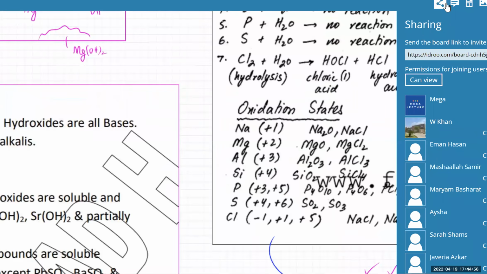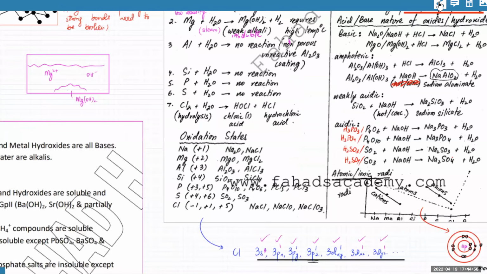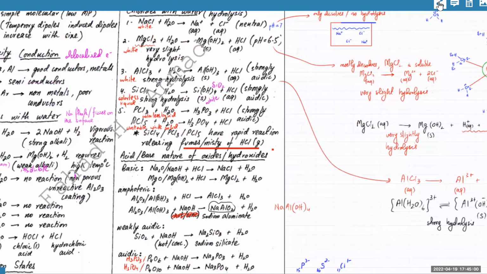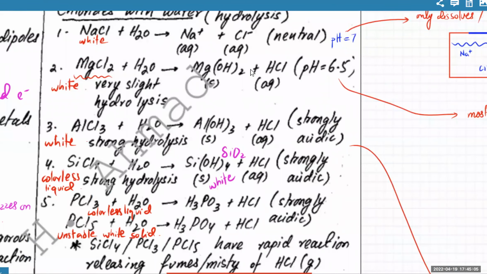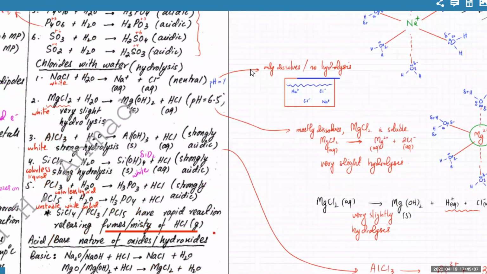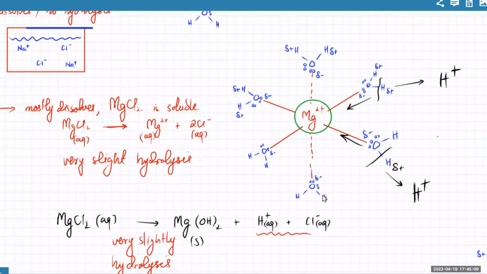Let me just open this one. We'll go through all the hydrolysis of chlorides very quickly. So now the hydrolysis of chlorides, you've got this one. Remember NaCl is completely neutral. MgCl2 has some hydrolysis. Why does it hydrolyze? Because Mg has a very strong +2 charge.